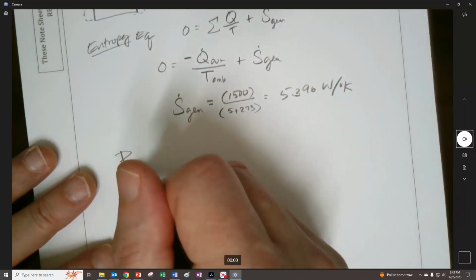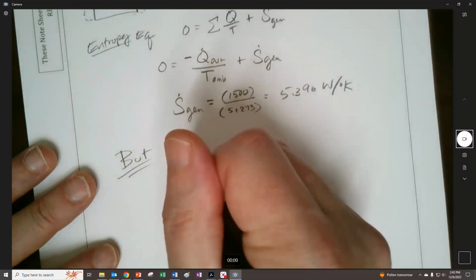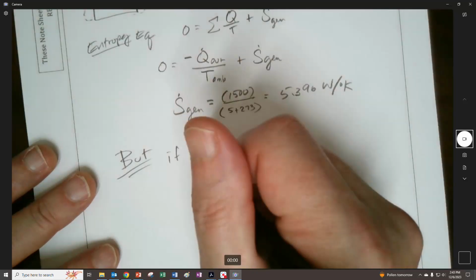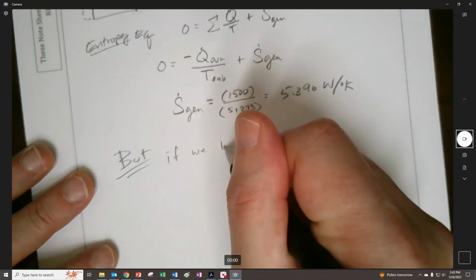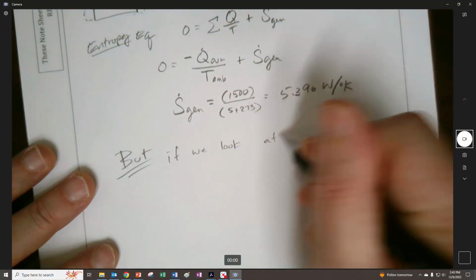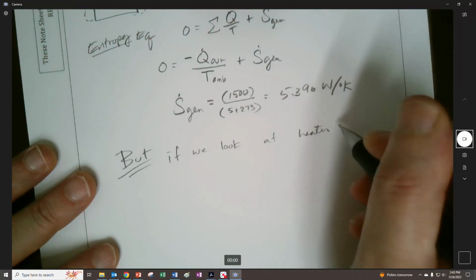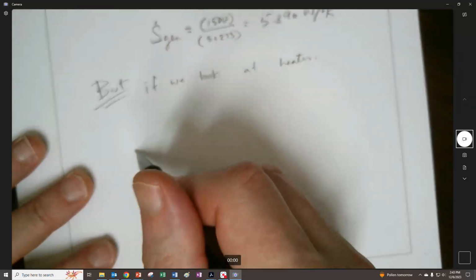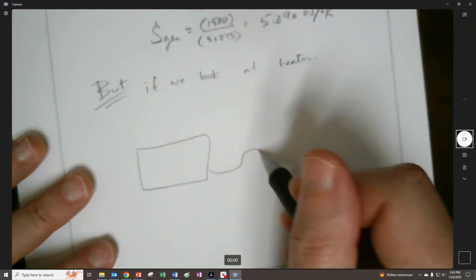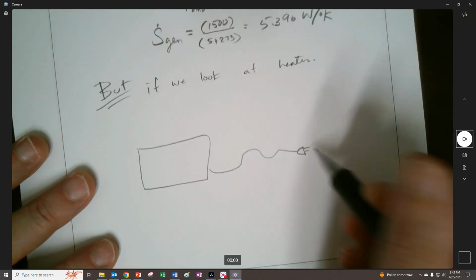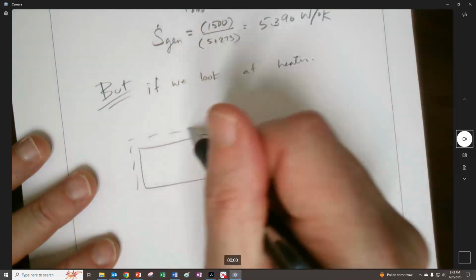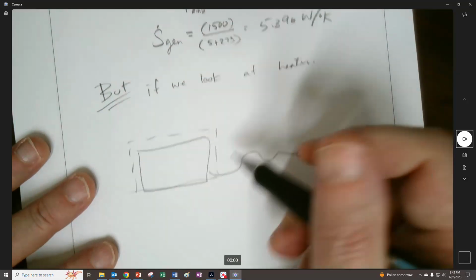But if we look at the heater, make a control volume here. Here's a little heater, and of course here's our plug. Make a control volume across this.